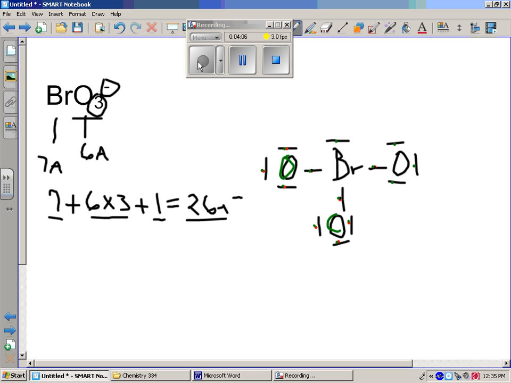This oxygen has 4 lines around it, 8 electrons. This oxygen has 4 lines touching it, 8 electrons, and the bromine in the center also has 4 lines touching it, and so that is 8 electrons. So my drawing is finished if everybody has a complete octet of electrons, and I've got the correct total number of electrons, which is 26 for this drawing.